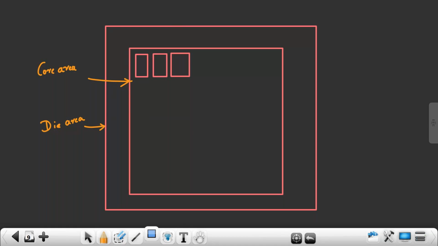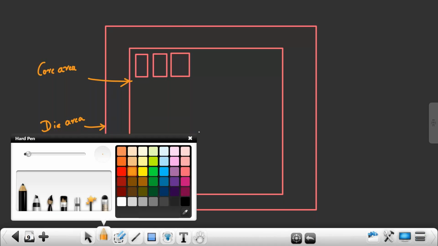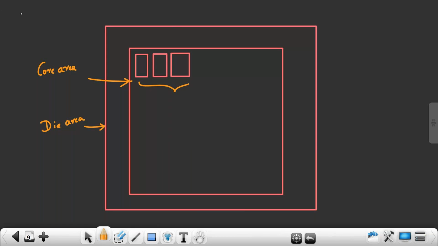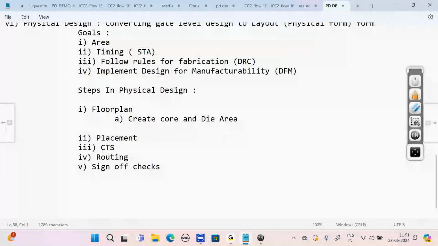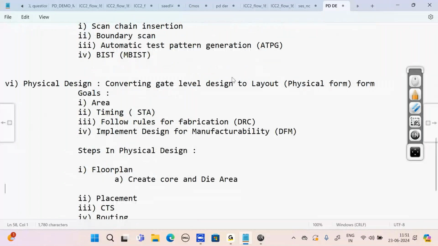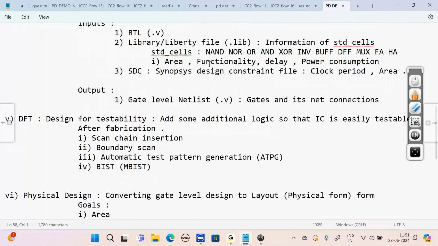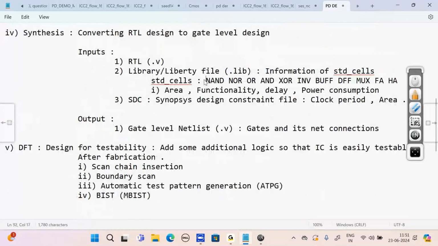So we will get this layout of cells in a file called LEF file. What is the file name? LEF, layout exchange format. So in this file, for whatever cells are present in the .lib, I have the layouts present in which file?